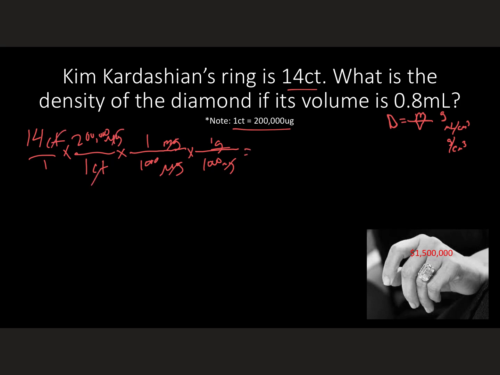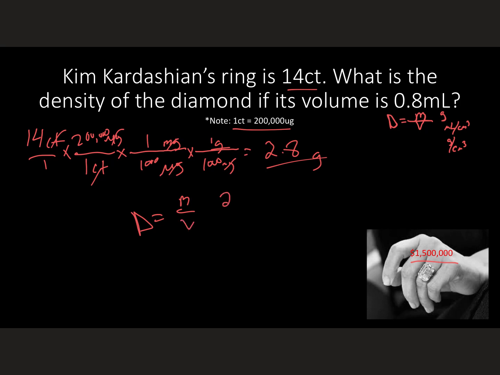So if we multiply this out, we'll get grams, and we're getting 2.8 grams. That's pretty solid for a $1.5 million ring, 2.8 grams. Pretty interesting there. Okay, so we have density is mass over volume.